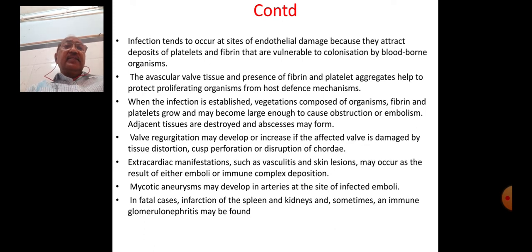Valve regurgitation may develop or increase if the affected valve is damaged by tissue distortion, cusp perforation, or disruption of the chordae. There are plenty of extracardiac manifestations of infective endocarditis in the form of vasculitis and skin lesions, which may occur as the result of either emboli or immune complex deposition.